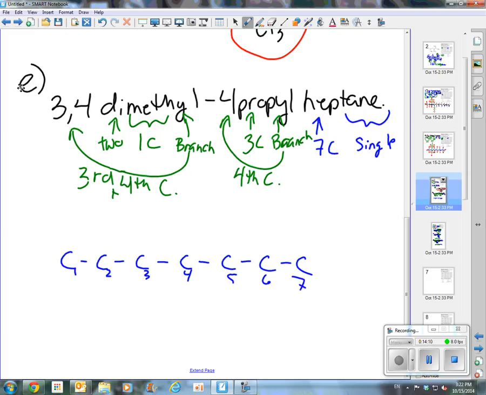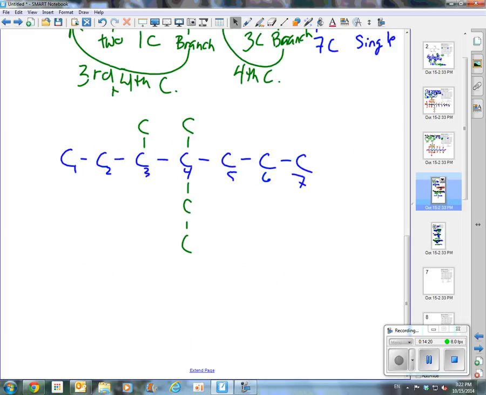So I've got 2 methyl branches, one on carbon 3, one on carbon 4, and then also on carbon 4 I have a 3 carbon branch. So just to help me out here, I'm going to put little ticks that represent the H's that fill in the bonds for each of these particular carbons.